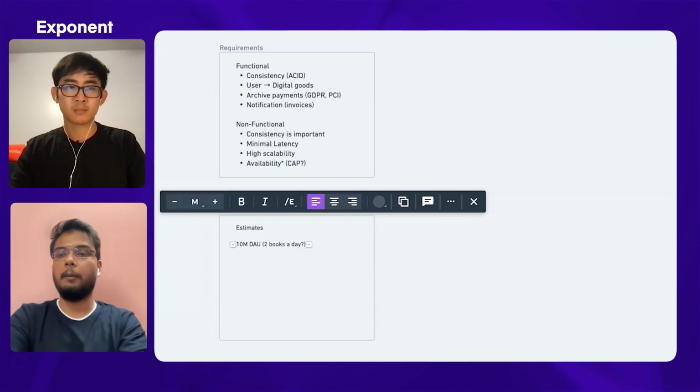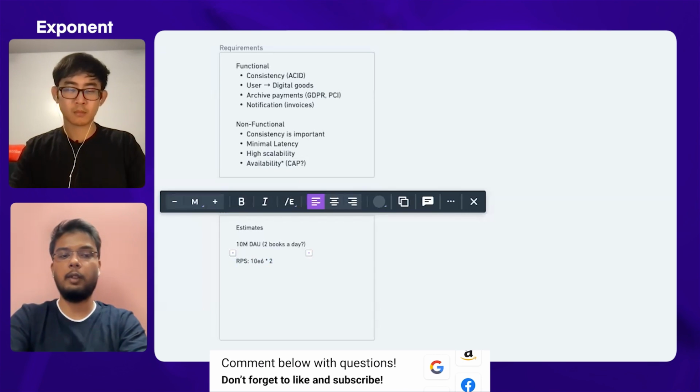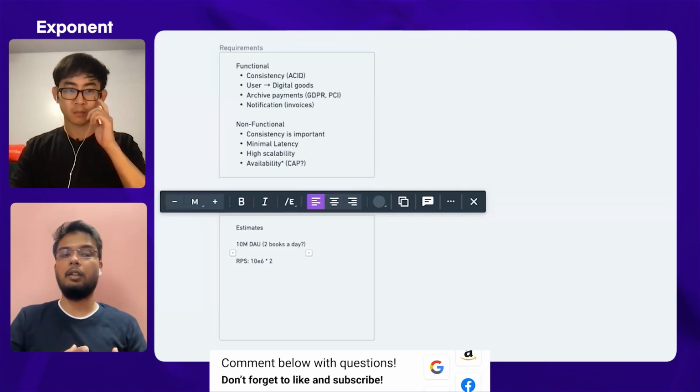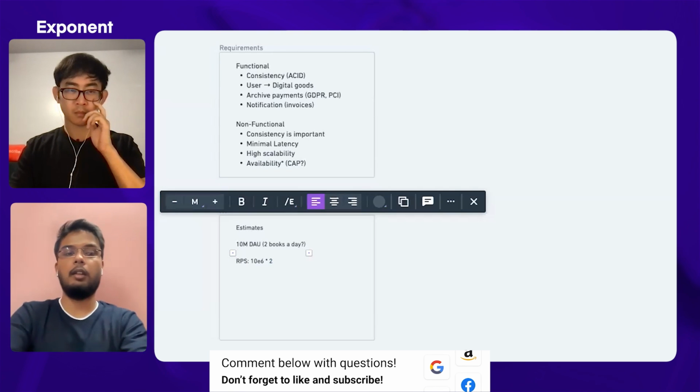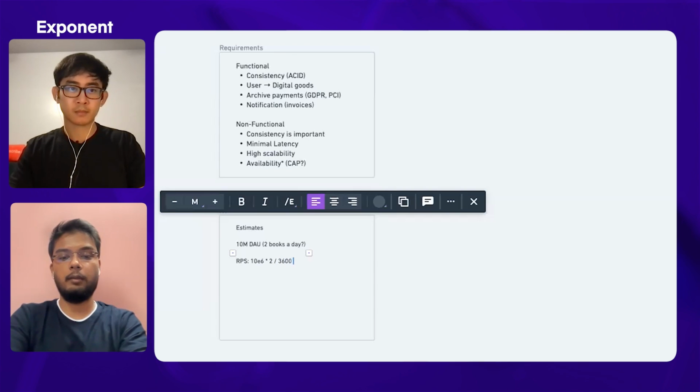So for requests per second, with 2 books a day, at least they are transacting 20 million requests, and it would be 600.